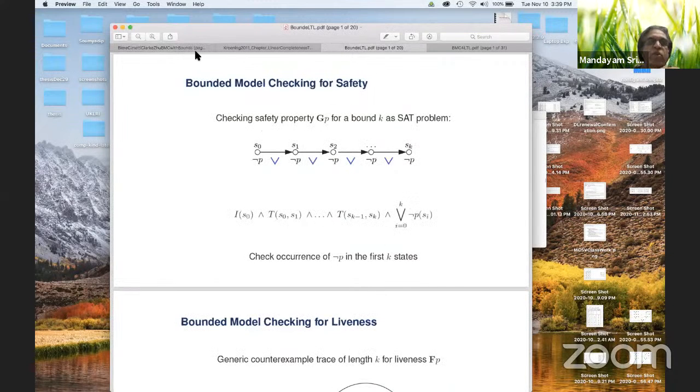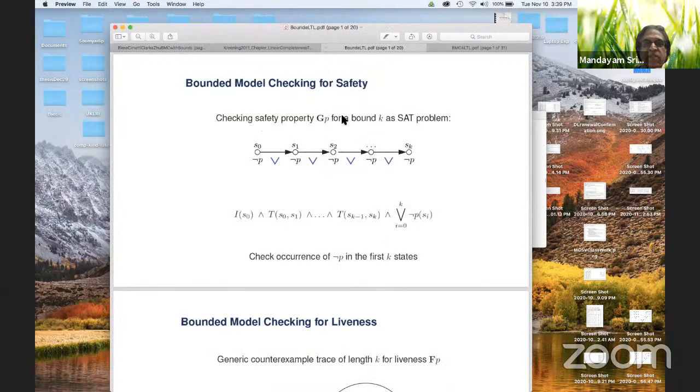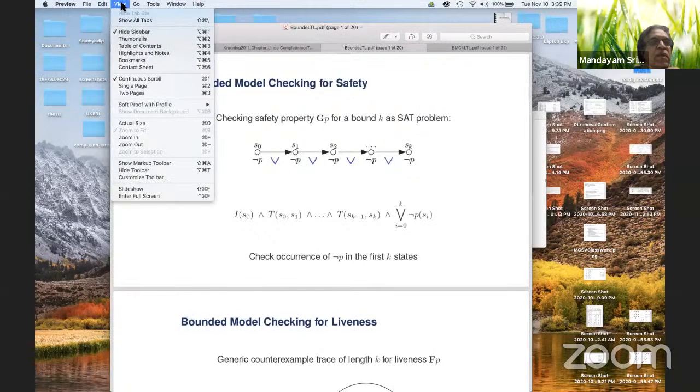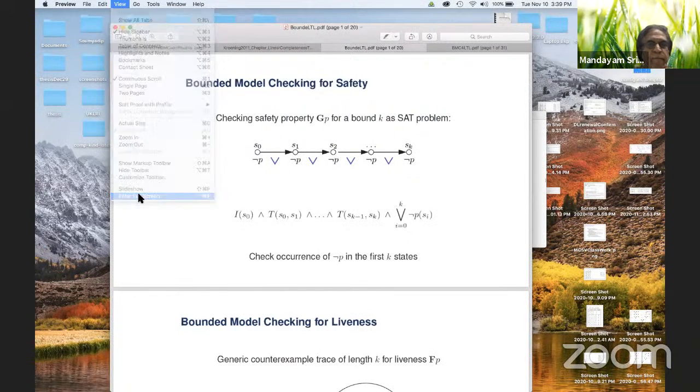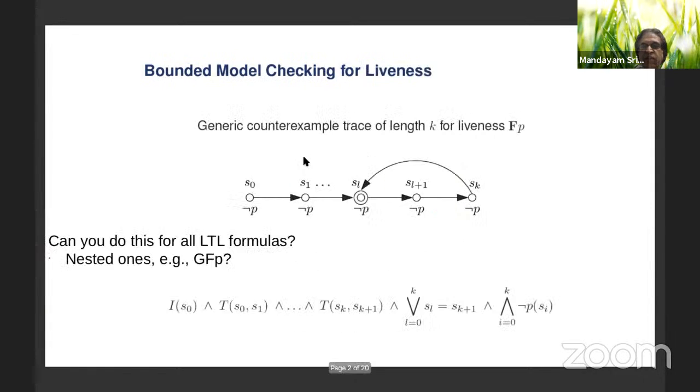So I will upload this paper, so if you want to refer to the details beyond what is there in the slides, you can do that. These are something that you had seen, the BMC formula that we generated for safety, and the next one for liveness.